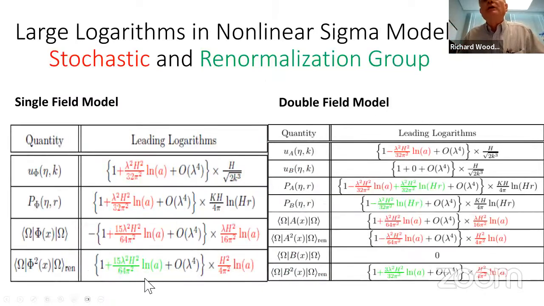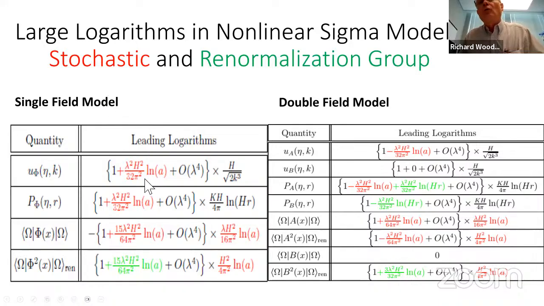And we did the math for all the single field models and all the double field models. And here are the large logarithms we calculated at 1 and 2 loop order. So we calculated corrections to the mode functions, corrections to the exchange potential, corrections to the expectation value, and corrections to the square of the field variable for all these models.